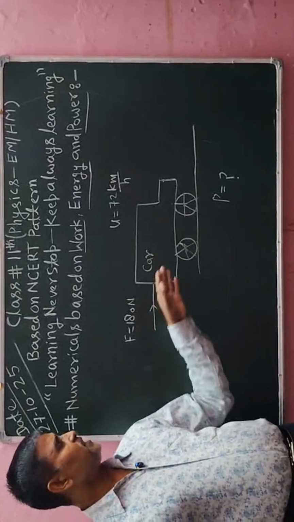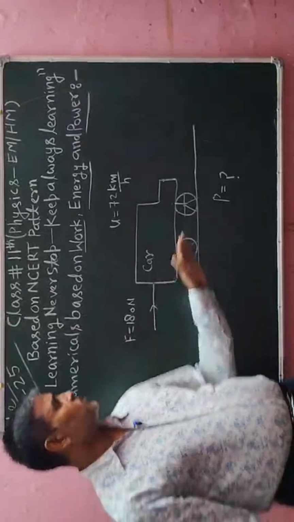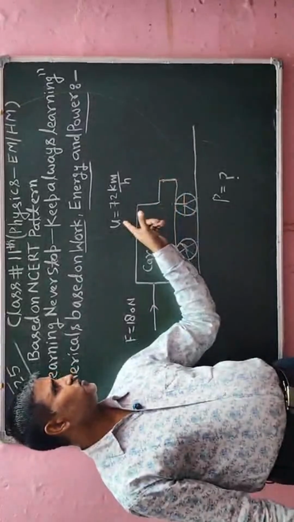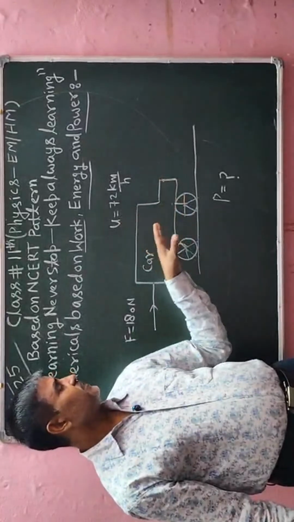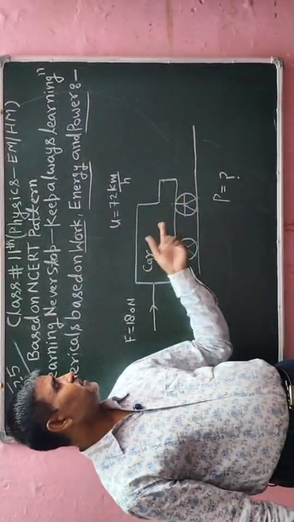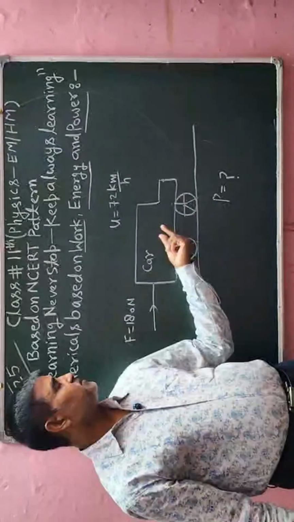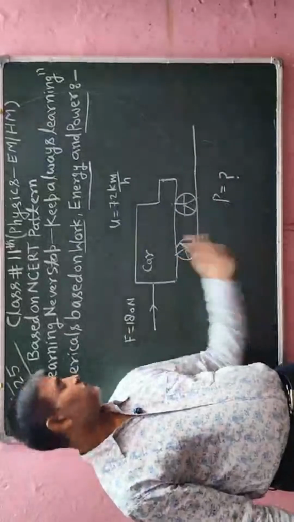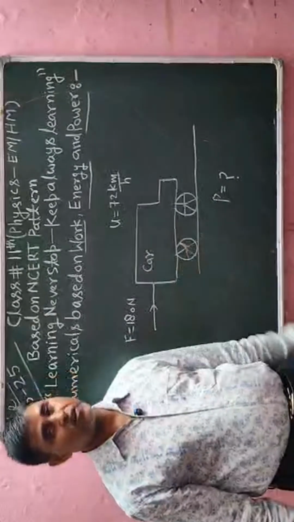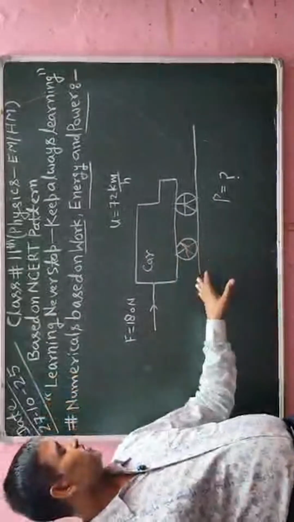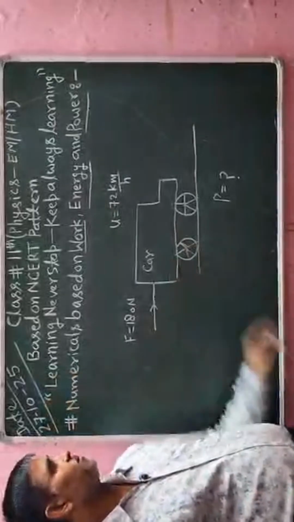With this force, that car is moving along the horizontal path with this velocity. So in this case, what will be the capacity, that is, the power of this car? We have to calculate the power of the engine of this car.